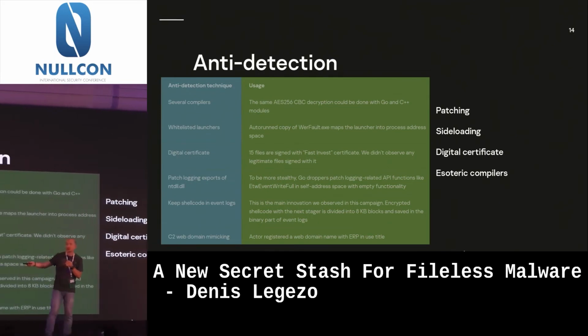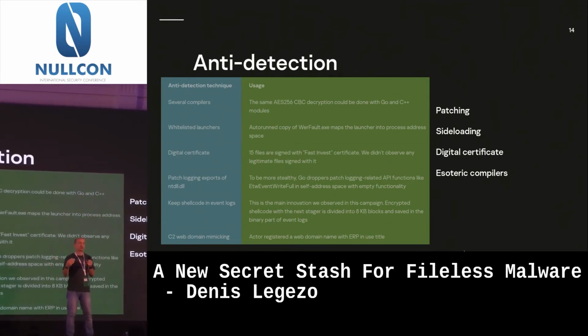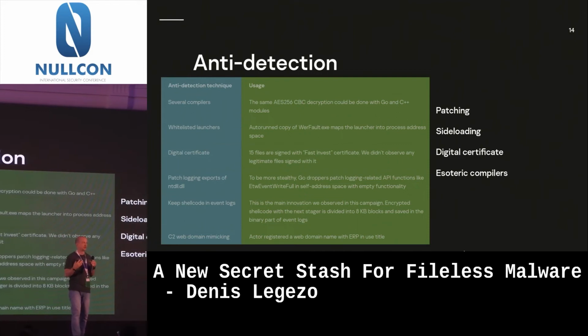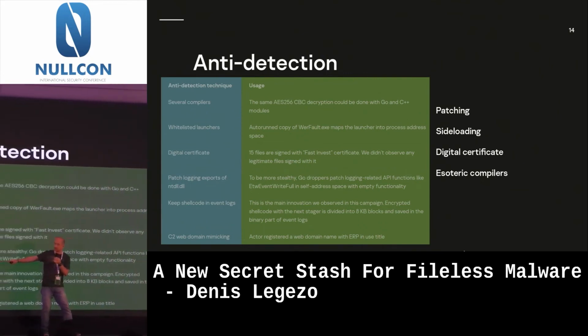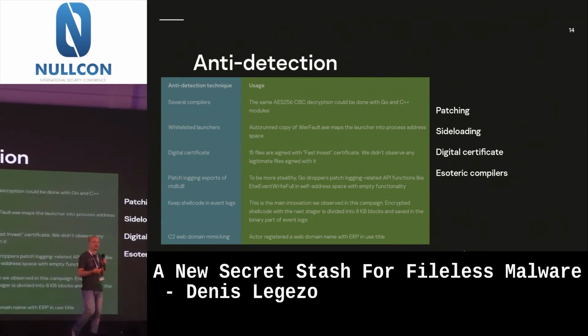It seems like the actor loves, they adore event logs. They use them a lot, put shellcode there, but they love only their own event logging. They don't want to be logged by the operating system mechanism. That's why several functions from the normal logging mechanism of the operating system, they would patch.